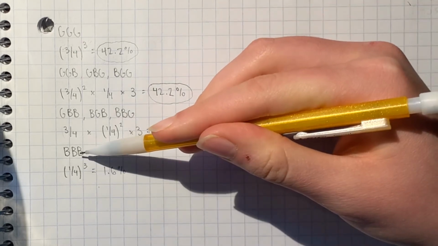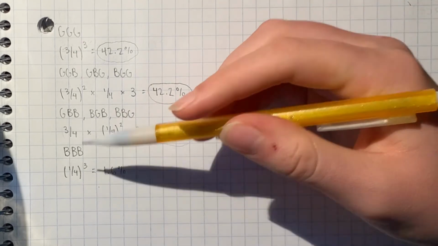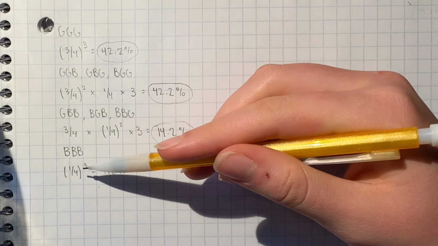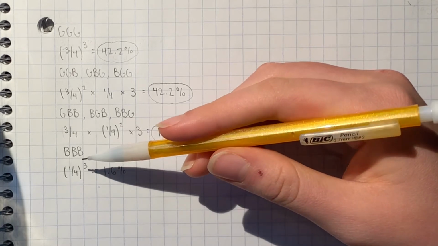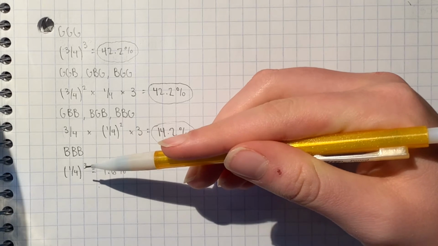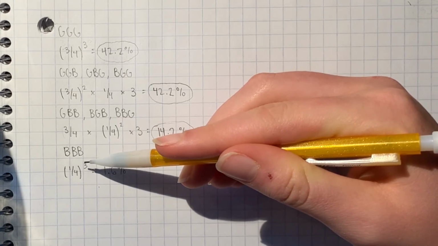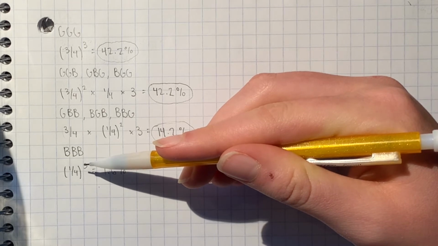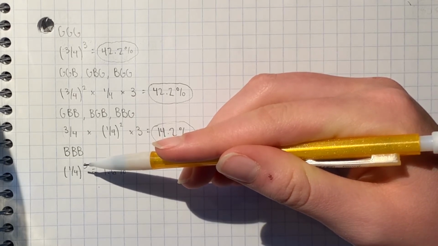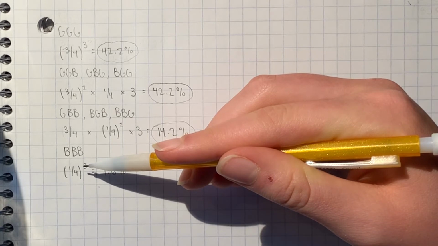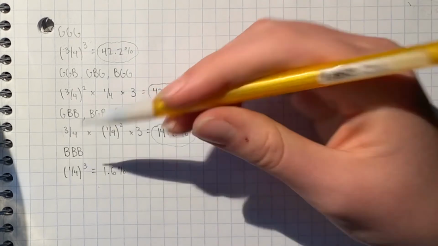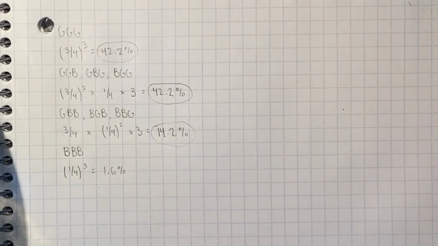Finally, we have BBB, 3 blues. This is going to be pretty simple, kind of like GGG, where you have 1/4, which is the probability of spinning a blue, and then you cube that, basically, to get 1.6%.